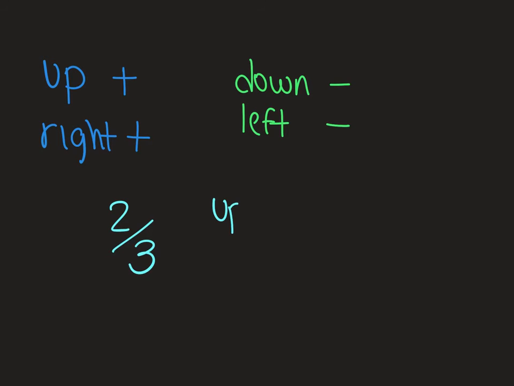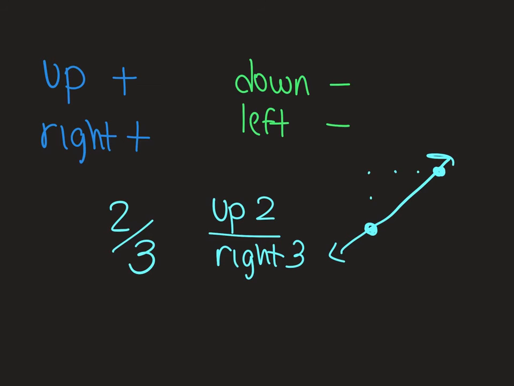Well, it would tell you to go up 2 boxes and right 3 boxes. So if I had a dot, I would go up 2 boxes and right 3 boxes, and that's how I would make my line. The slope of 2/3 means, since 2 is positive, it's an up number, up 2. Since 3 is also positive, it's going to the right.